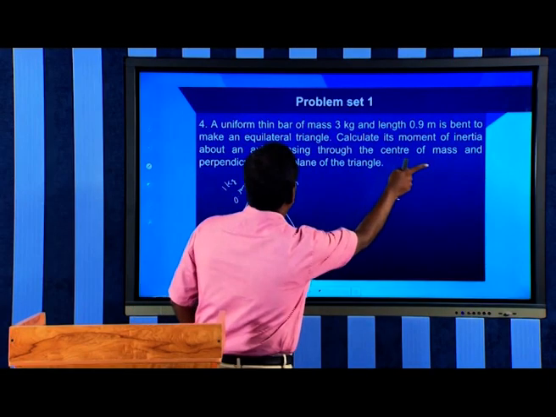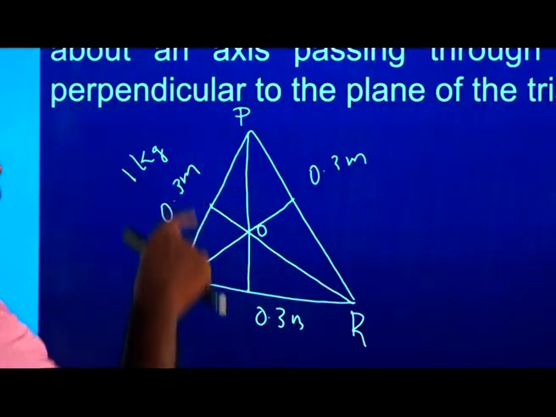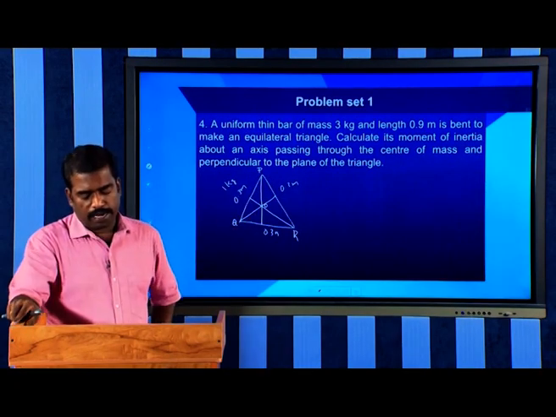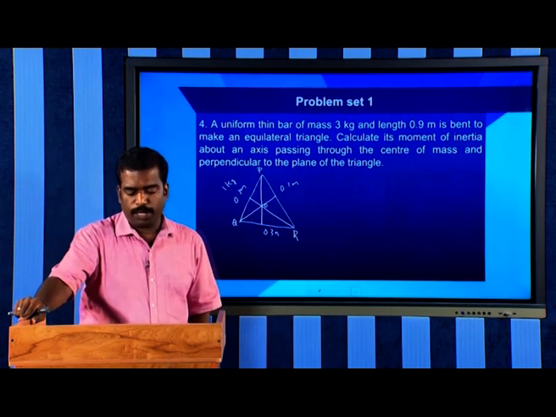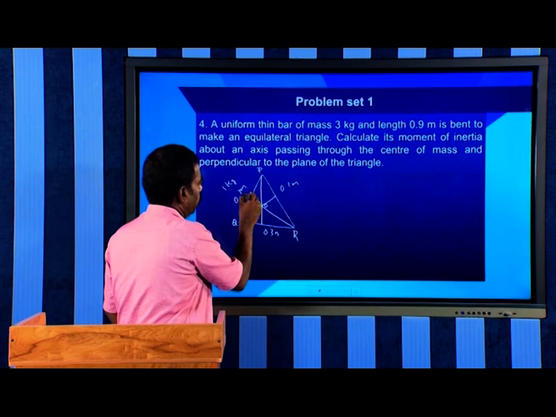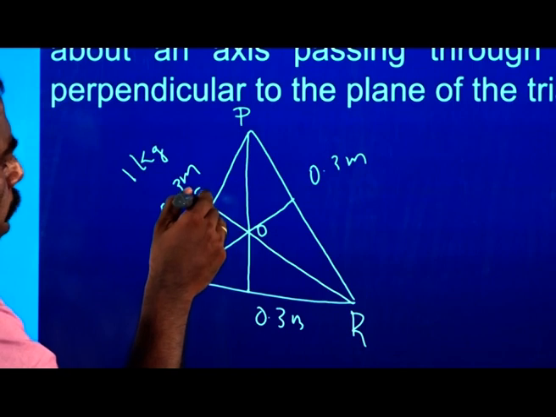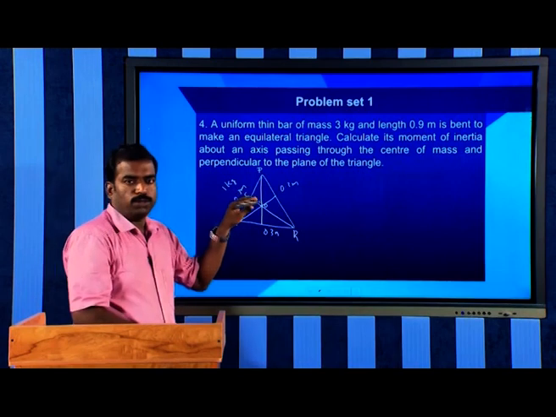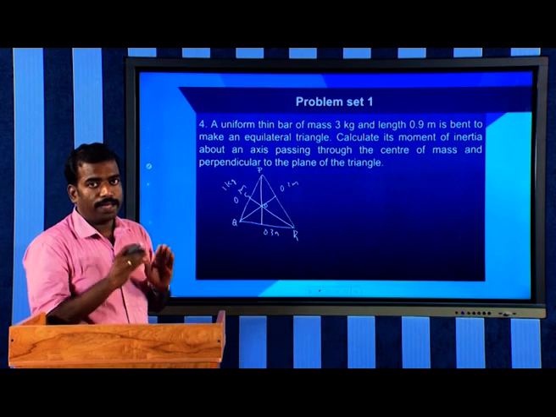We need to find the moment of inertia about an axis passing through the center of mass and perpendicular to the plane. We are finding the moment of inertia of the side PQ about that perpendicular axis. So, what is the formula? Here we can see C. The moment of inertia of the rod PQ about an axis passing through C, the midpoint of the rod and perpendicular to its length, is m L square by 12.